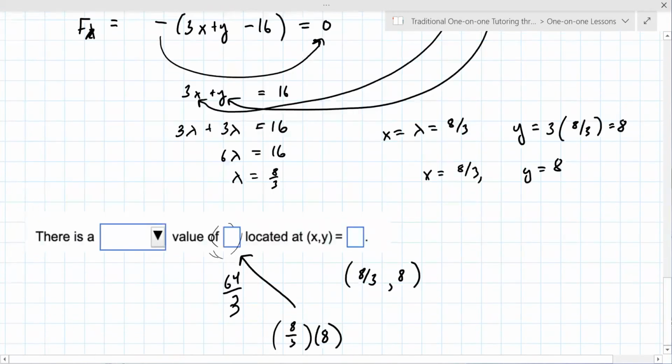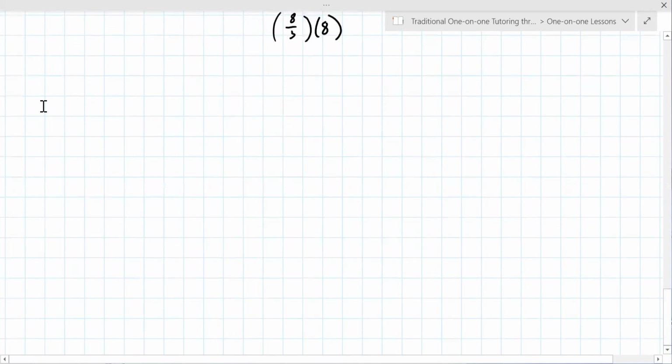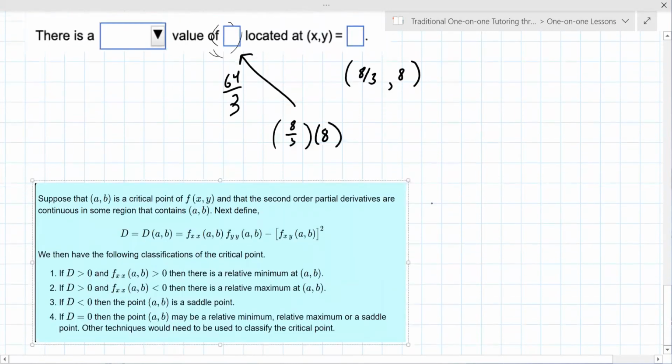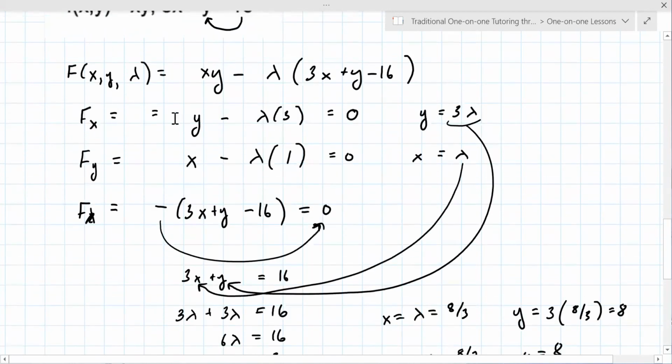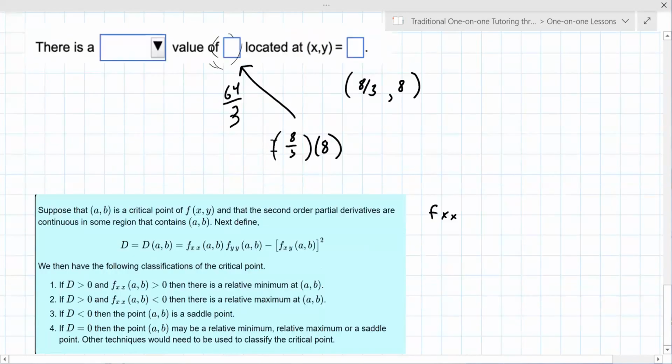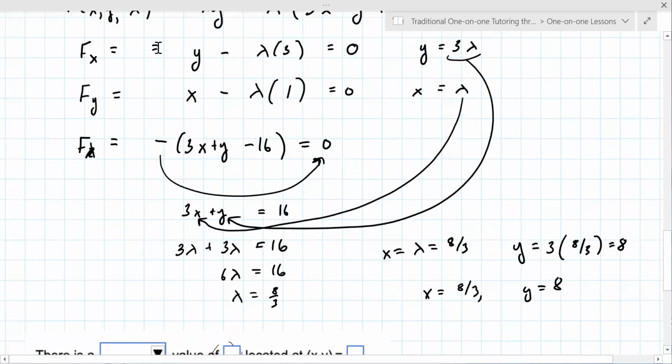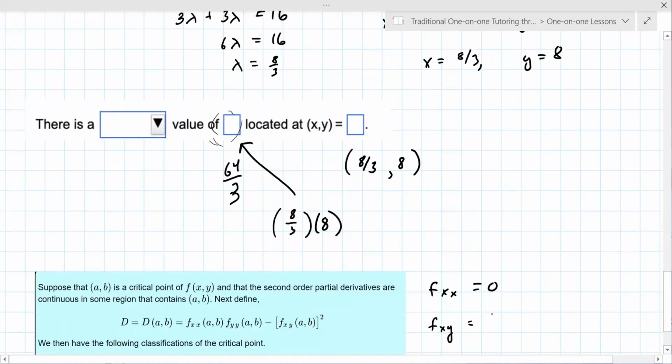So let's get that here. We need fxx. So fx, if you go back and look at the notes here, fx was just y. It's got this lambda stuff, but that's going to go away. So fxx is 0, fxy. So that's the derivative of this with respect to y. So that's 1.